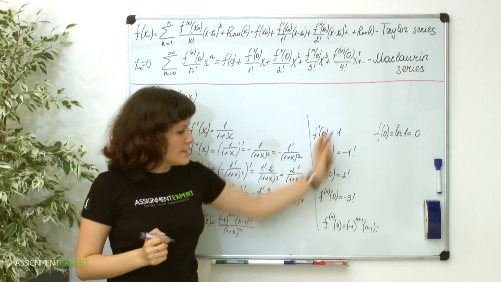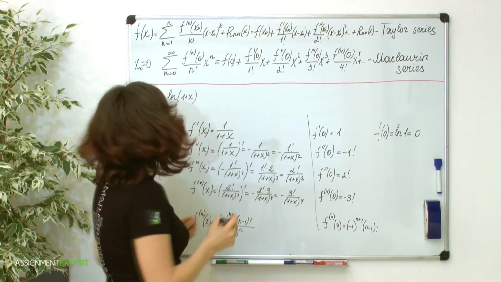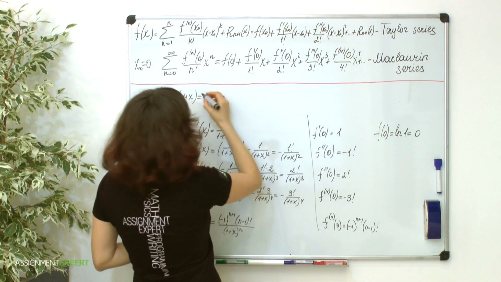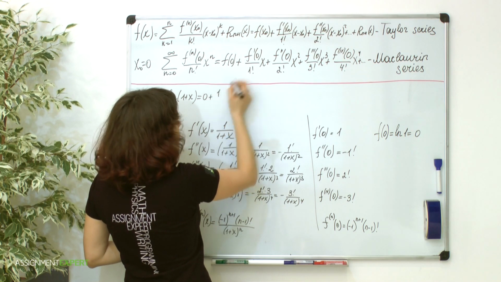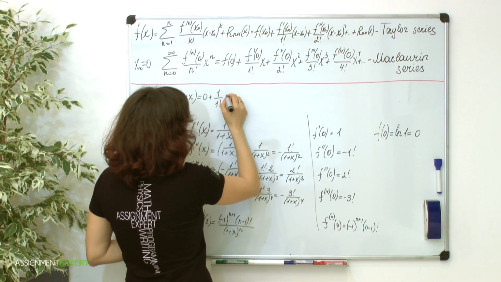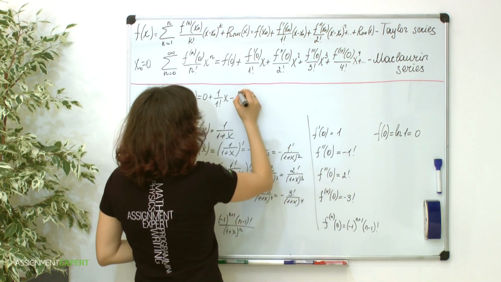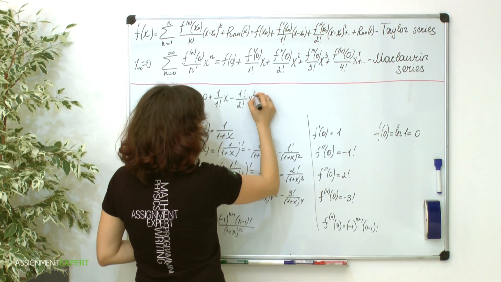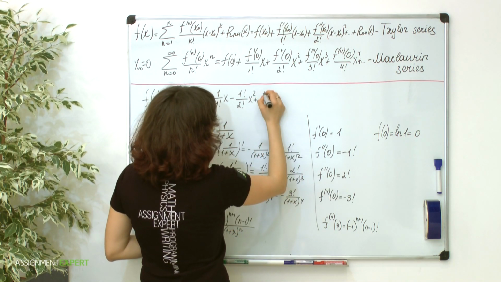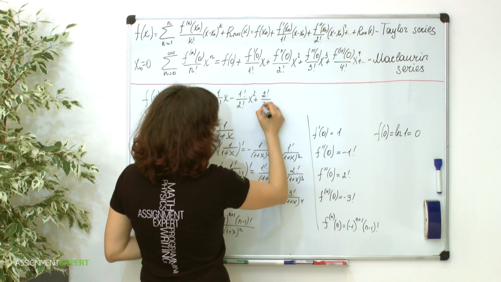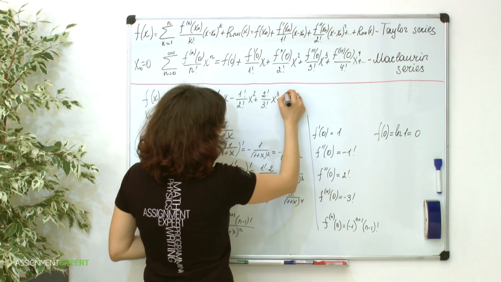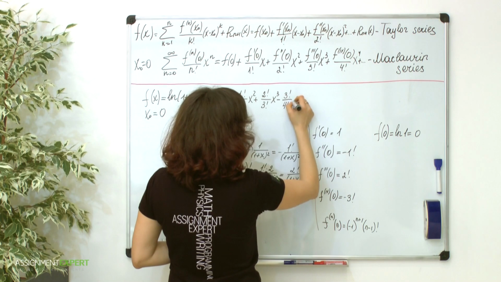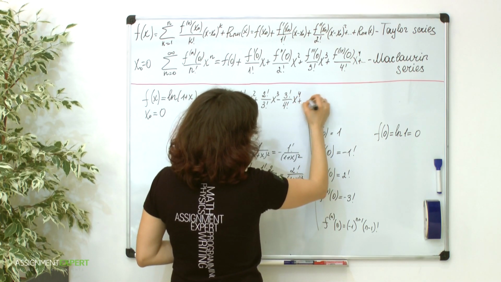Now let's substitute all this into our general formula. And we obtain ln of 1 plus x equals 0 plus 1 over 1 factorial times x minus 1 factorial over 2 factorial times x squared plus 2 factorial over 3 factorial times x cubed minus 3 factorial over 4 factorial times x raised to the fourth power, plus and so on.